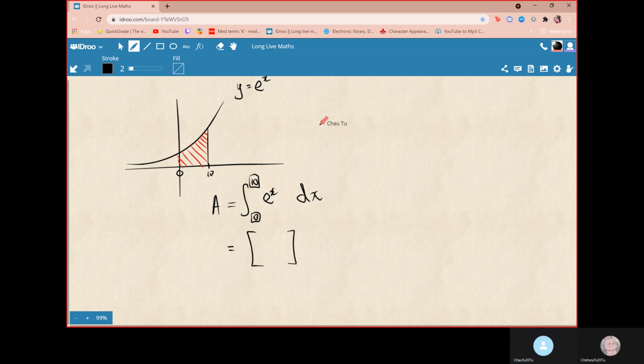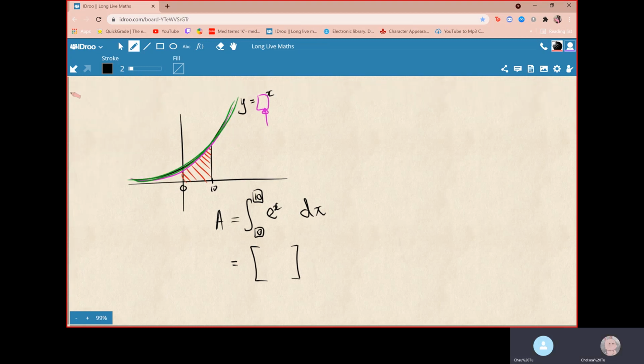Remember, we spent a lot of time looking for a base such that when you differentiate it, it would be its exact same self.